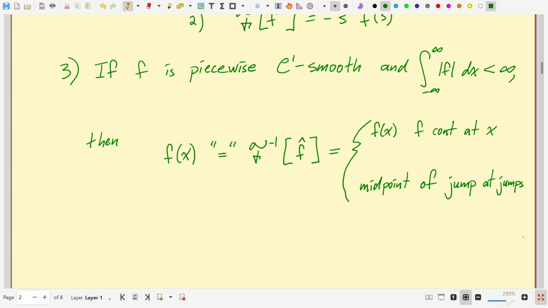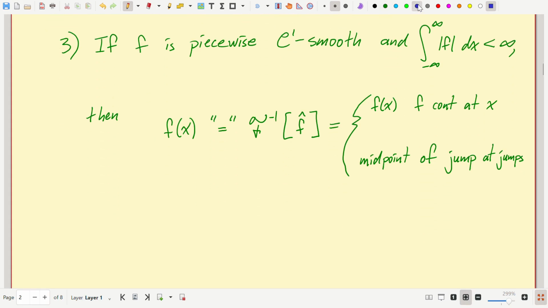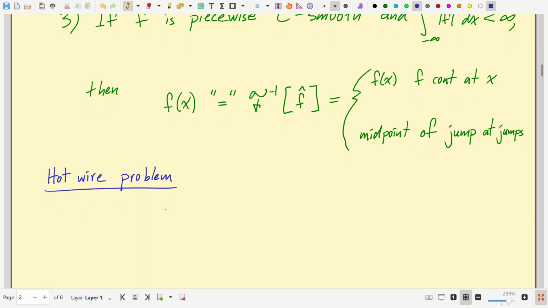And to demonstrate what this is good for, I like to solve this hot wire problem, but this time it's going to be an infinite wire. So I'll have an infinite hot wire. That's the x direction.